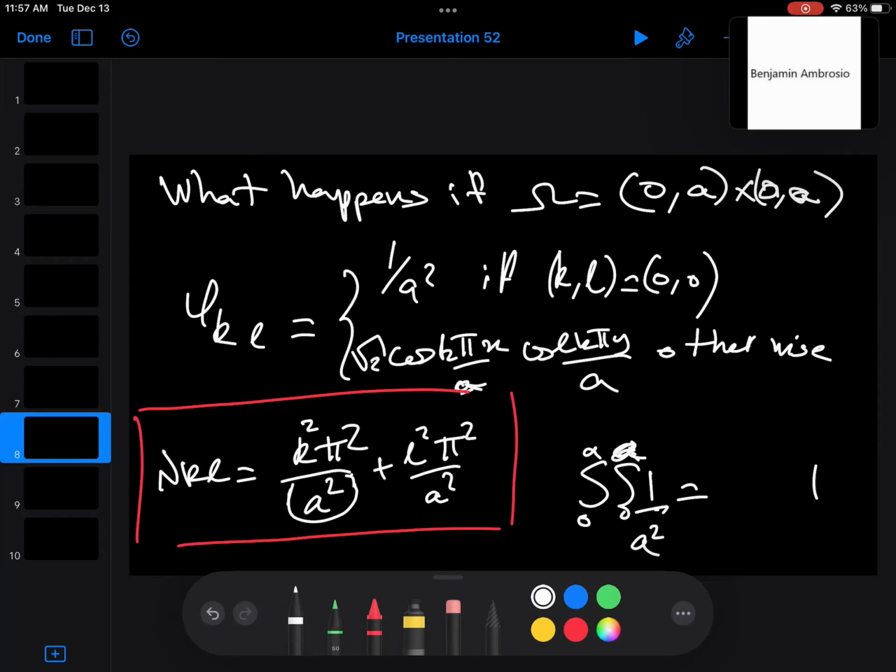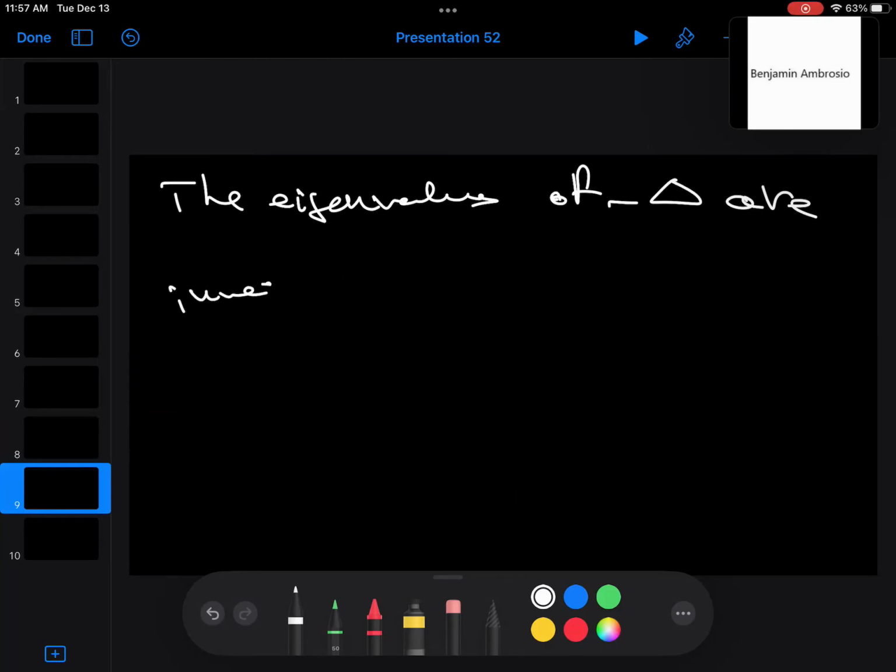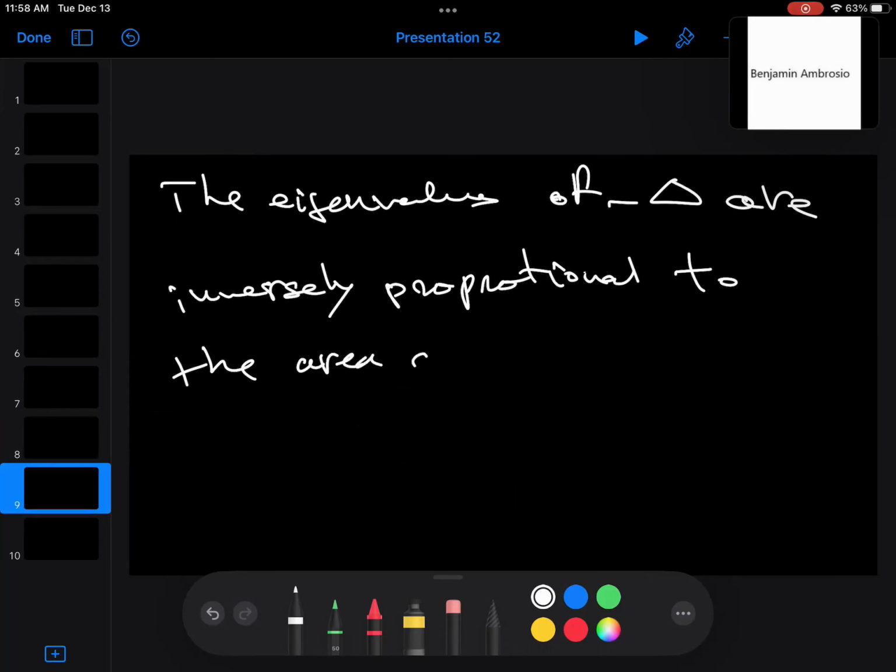So the eigenvalues of minus Laplacian are inversely proportional to the area of the domain.